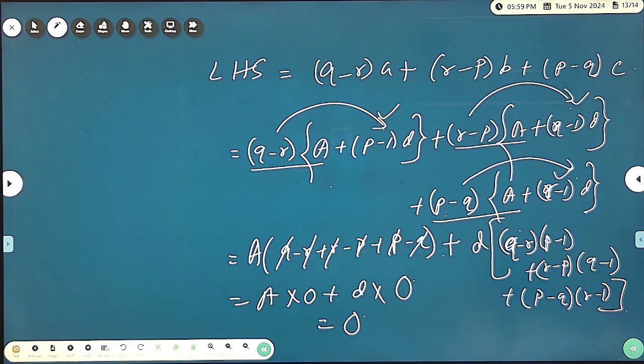Question 4 on page number 44, question 6, question 7, question 8, question 11, question 12. Mark these questions. You will try at home.